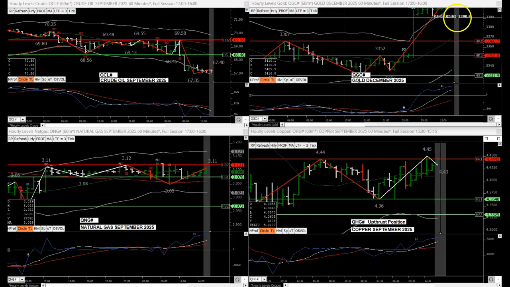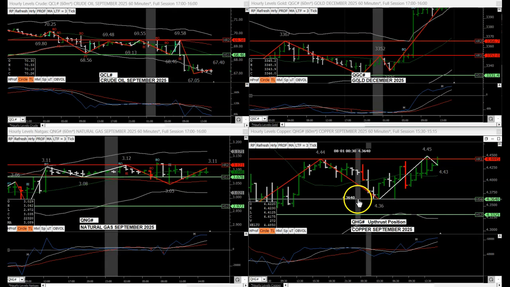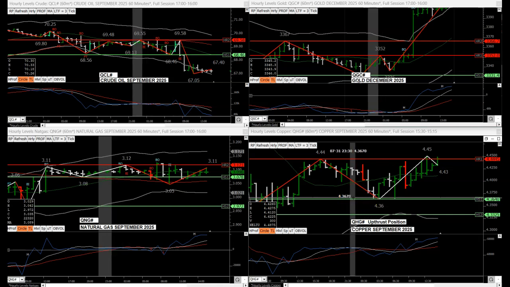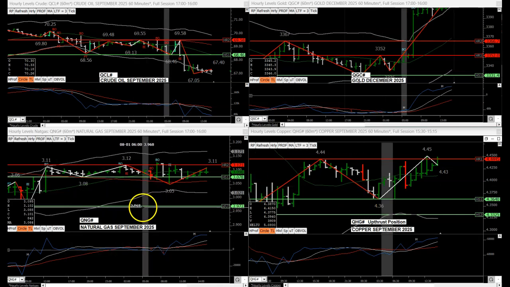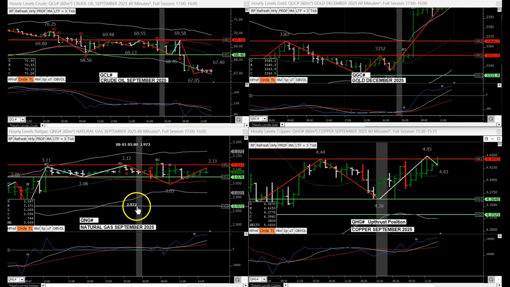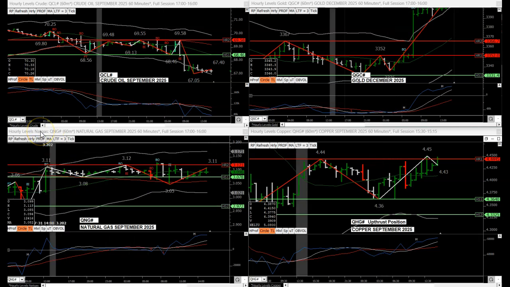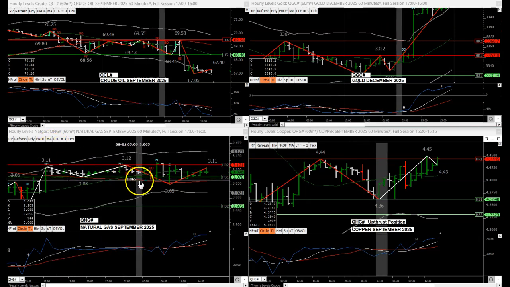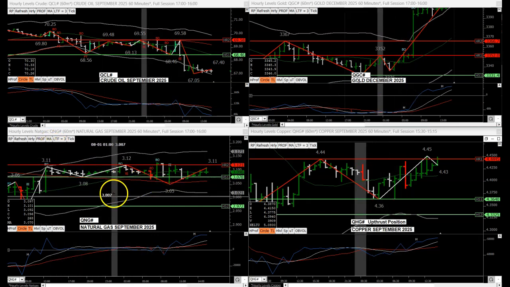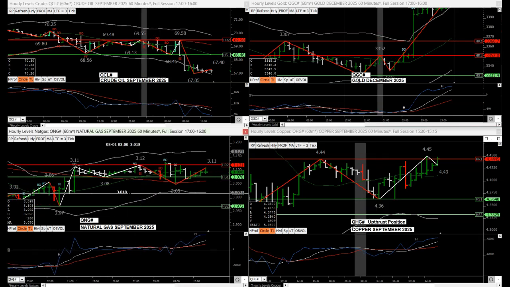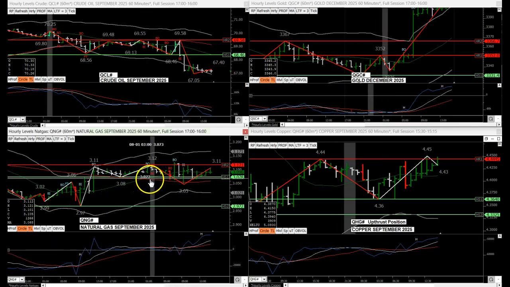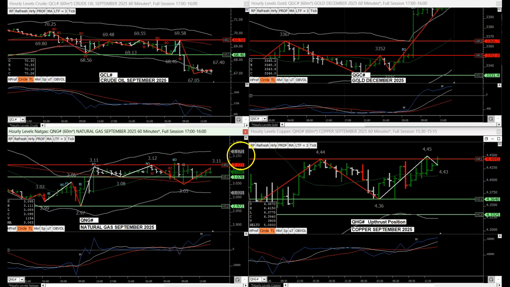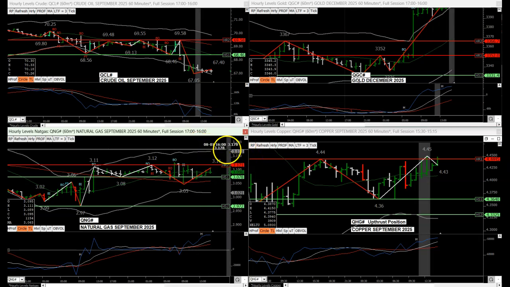So I'm going to go into this simple example here. I think I have 2 of them here. This one here is natural gas. So for natural gas, the first thing we have to see is the trend. Let's just say our bias is on the upside because, for whatever reason, your bias is on the upside.